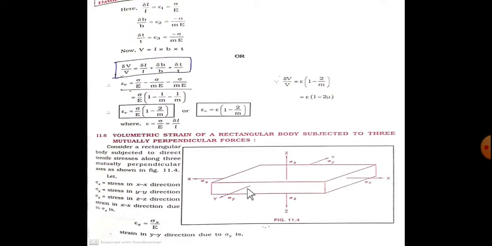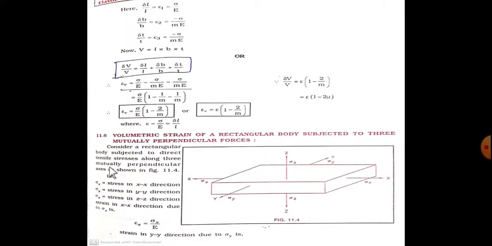Force Px is applied in the x direction, and due to that force we can calculate stress in the x direction, that is sigma x, sigma y in the y direction, and sigma z in the z direction. Now we have to calculate the volumetric strain for the body having three forces in each direction.